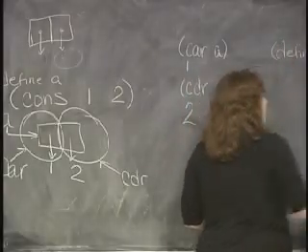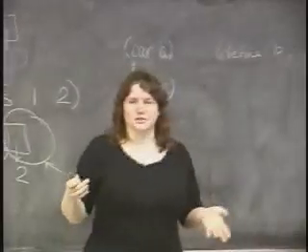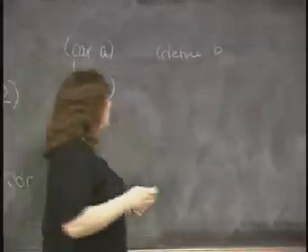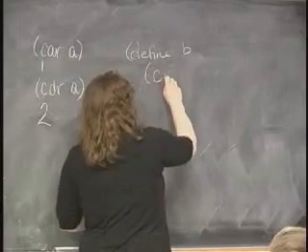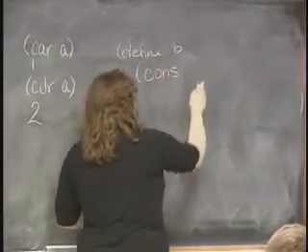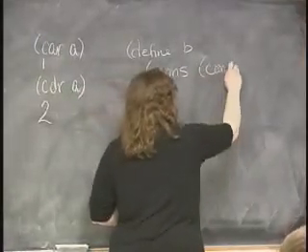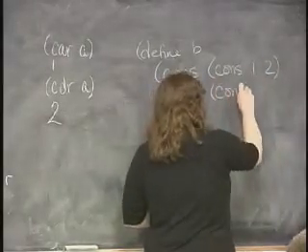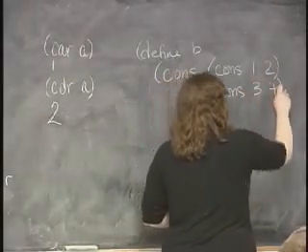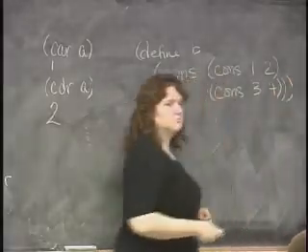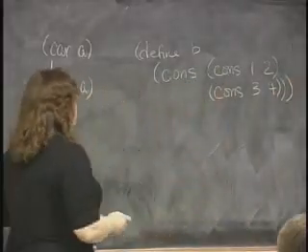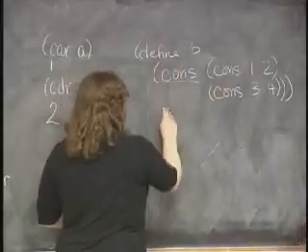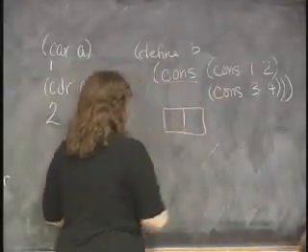The reason I'm going to define it is that it's convenient, when we write the CARs and the CDRs, to have a name for it. So the first cell could be a cons of 1 and 2, and the second cell could be a cons of 3 and 4. What would this look like? This is our top level pair.